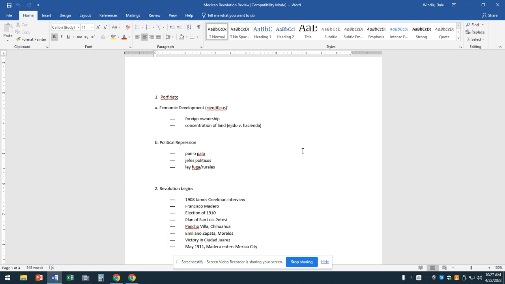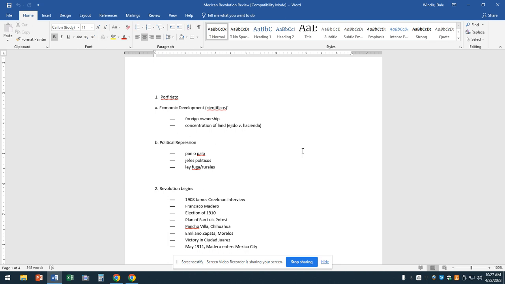There was also a concentration of land in the hands of a few people. Ejidos versus haciendas. Ejidos were communal lands granted to be farmed communally by the Spanish long ago.